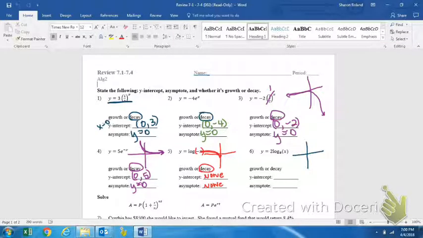When you graph it, it's going to look something like that. The x-intercept is going to be at 1, 0. But there is no y-intercept. This is getting bigger and bigger and bigger as it goes this way. So it's definitely a growth. And there is no asymptote.